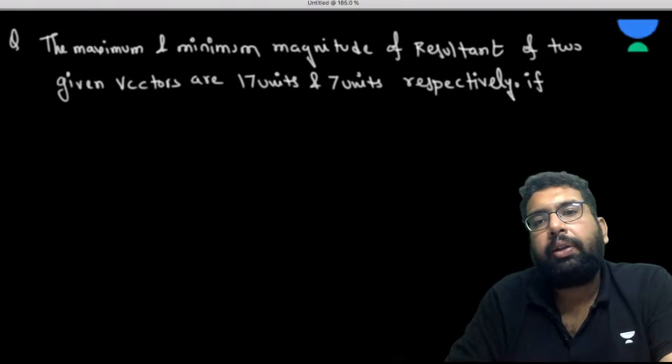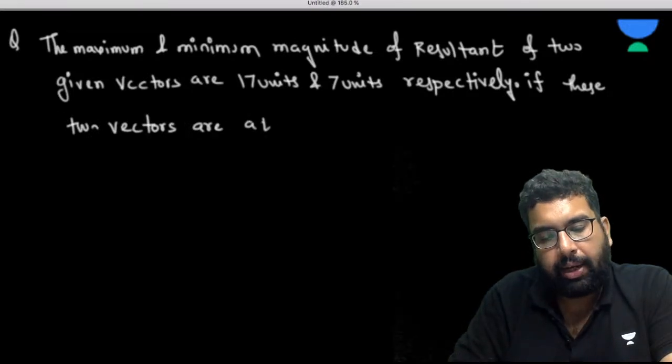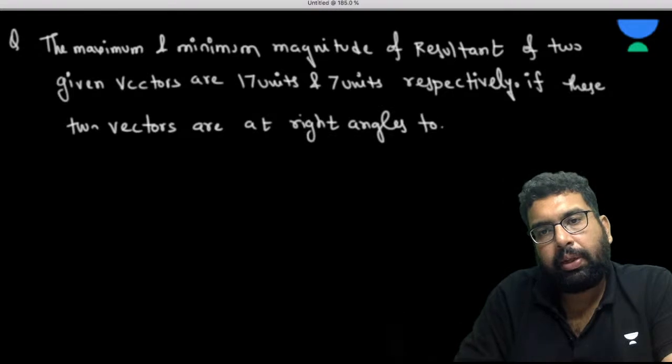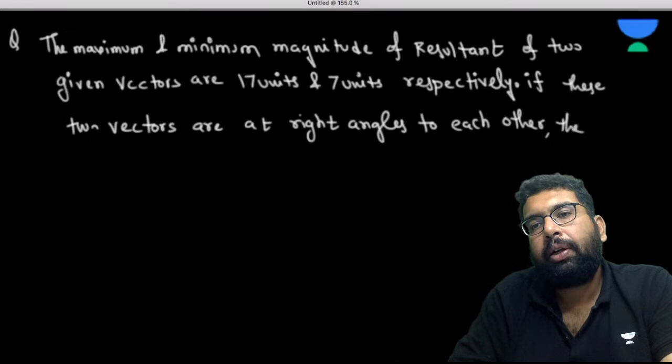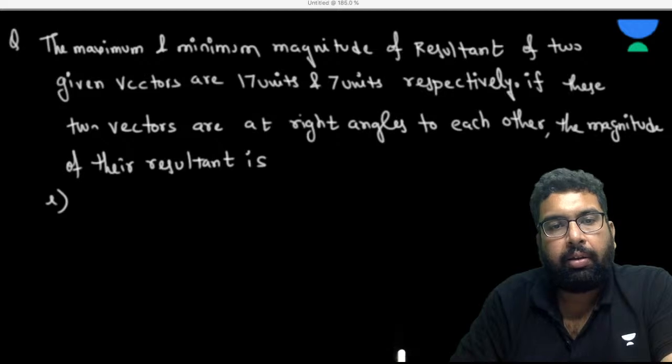Now if these two vectors are at right angles to each other, the magnitude of their resultant is... Okay, so this is your question, and let's have a go at solving it.